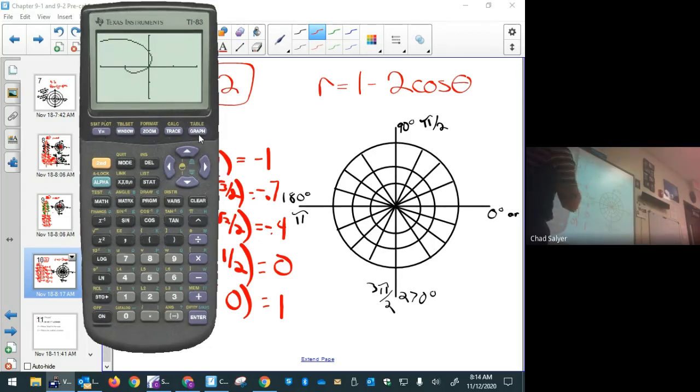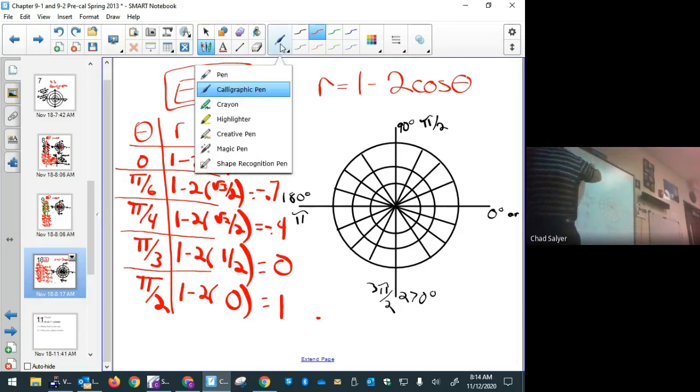If I say trace, 0 is negative 1, that's right. And then pi over 6 gives us an x and a y here. It doesn't give us an r. Well, I'll assume that's correct.